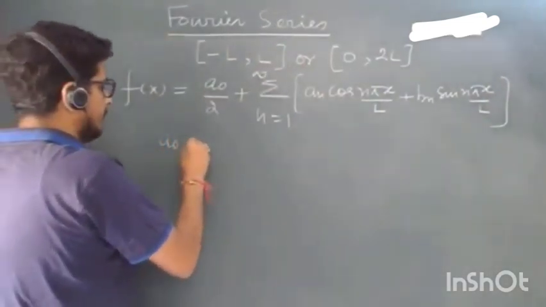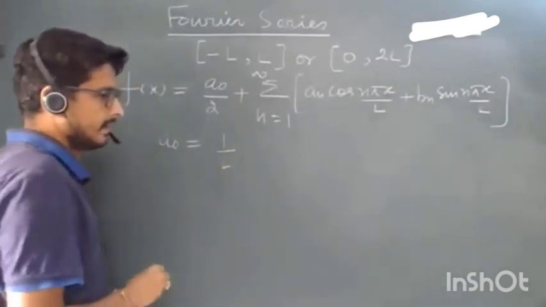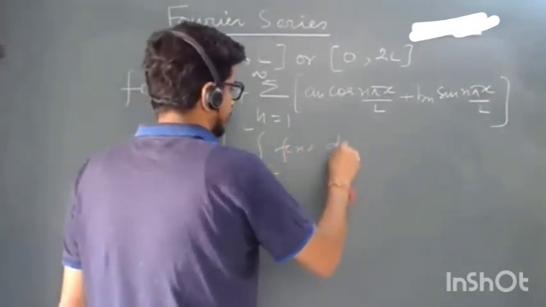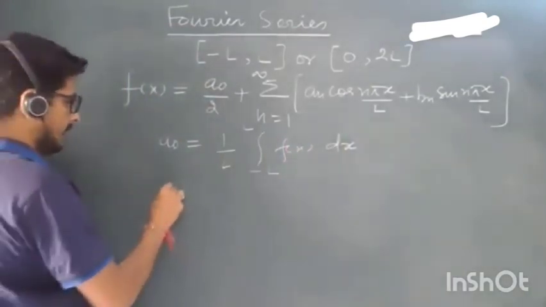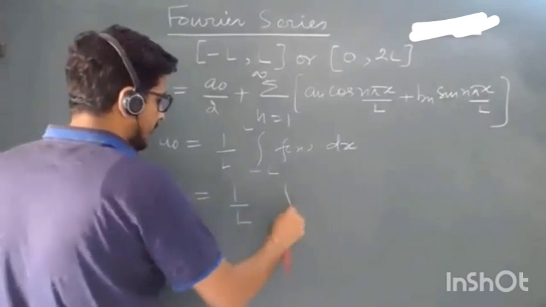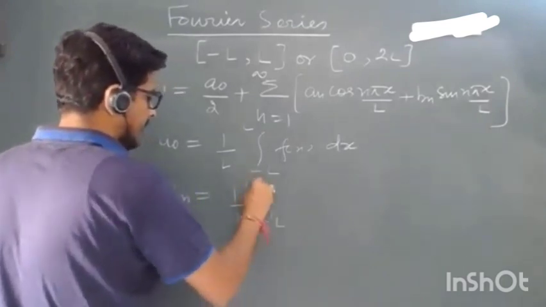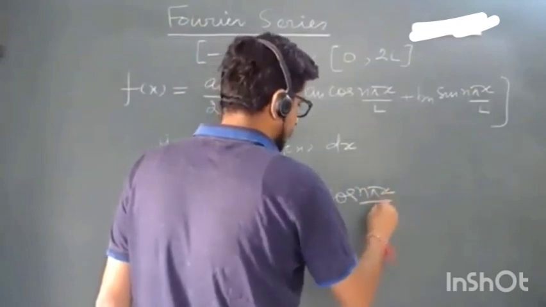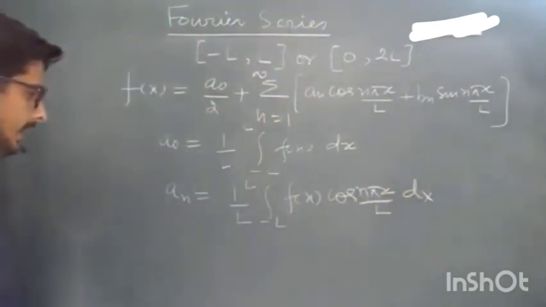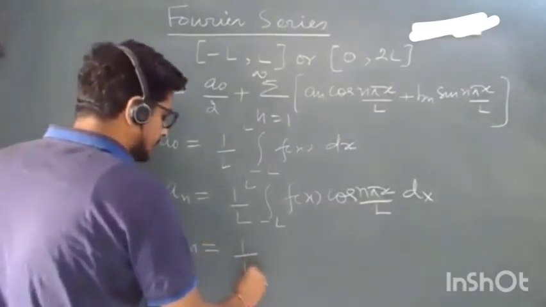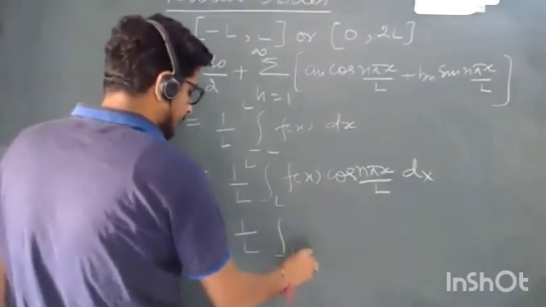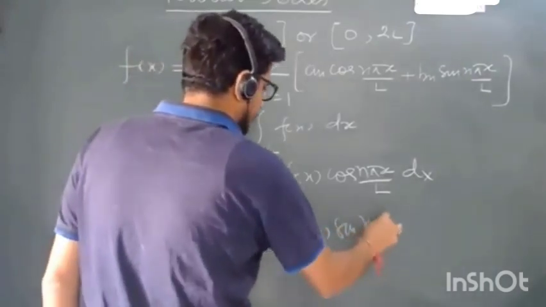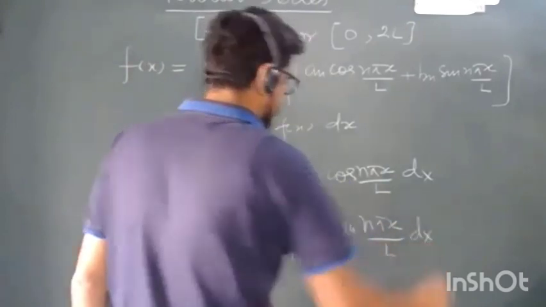So a naught this time will be given by 1 by L integral minus L to L f(x) dx, and a_n will be 1 by L integral minus L to L f(x) cos(n pi x by L) dx, and b_n will be equal to, so this is very symmetric once you understand, 1 by L integral minus L to L f(x) sin(n pi x by L) dx.